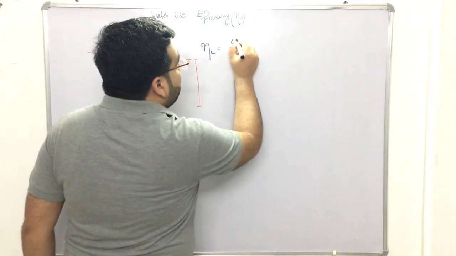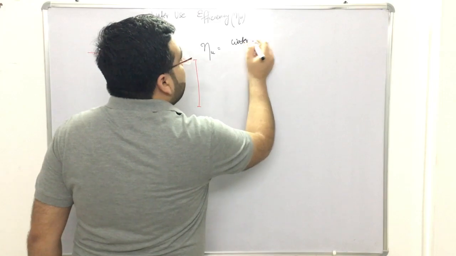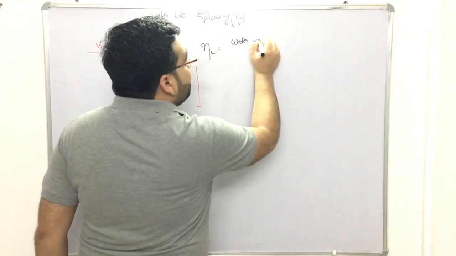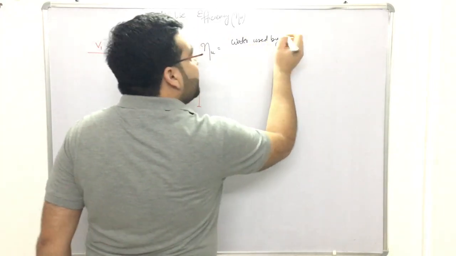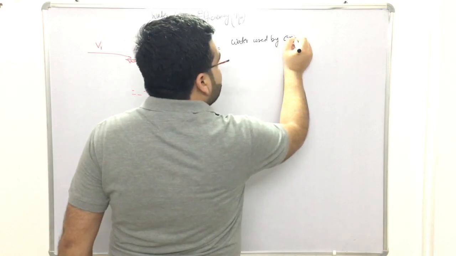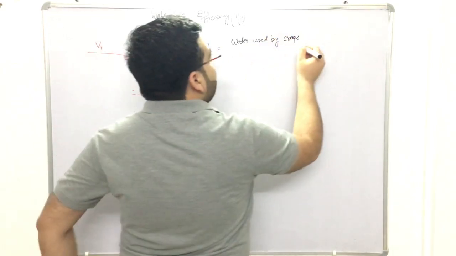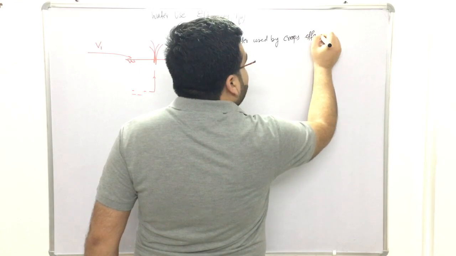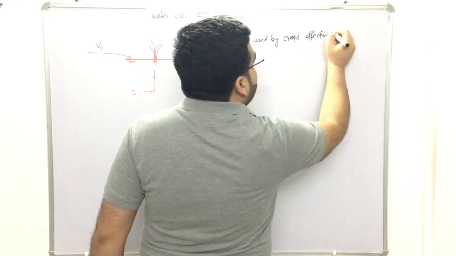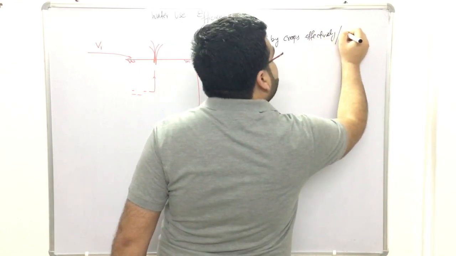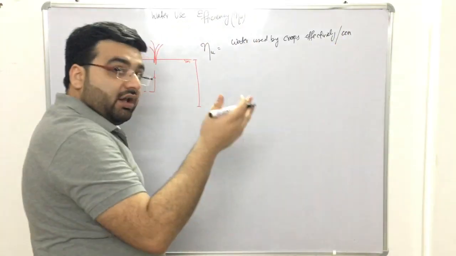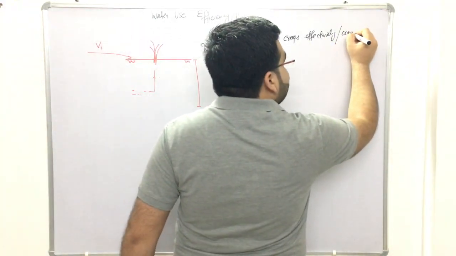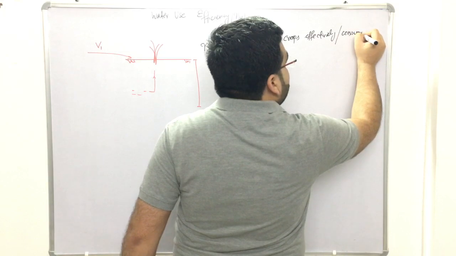So let me write it here: volume of water used by plants or crops, because we are discussing irrigation, crops effectively or consumptively. This is another word, consumptively, right? Because sometimes students get confused in examination.